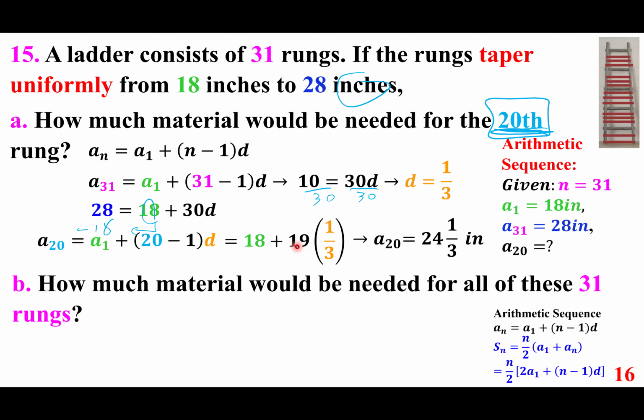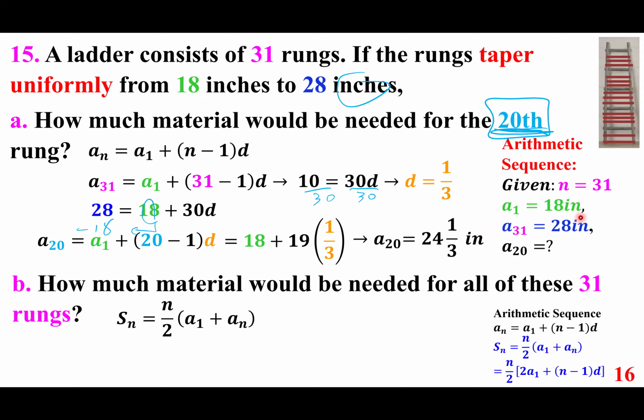How much material would be needed for all of the 31 rounds? That means we want S sub n, and we can use any of those formulas. What happens is that we have the first term and the last term, so we're going to take the easy way out, n over 2 times A sub 1 plus A sub n. So n over 2, n is 31, because this is S sub 31.